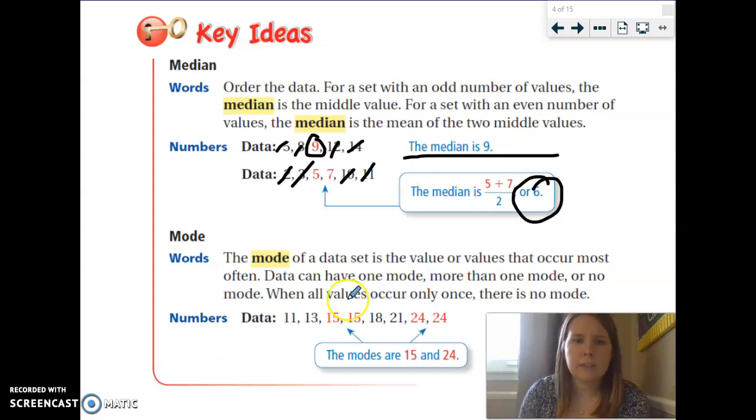In this case, you've got data points of 11, 13, 15, 15, 18, 21, 24, and 24. So there are two modes: 15 and 24, because they both occur twice. It's basically whatever number you see the most within your data.